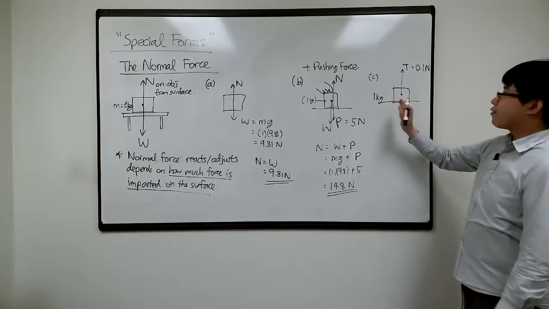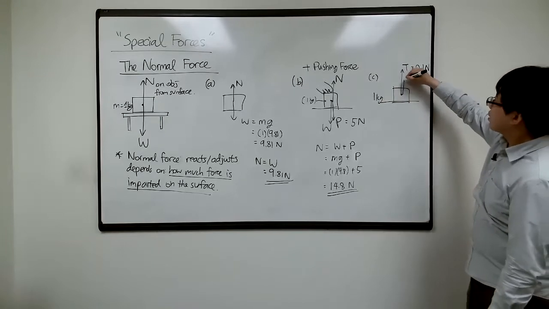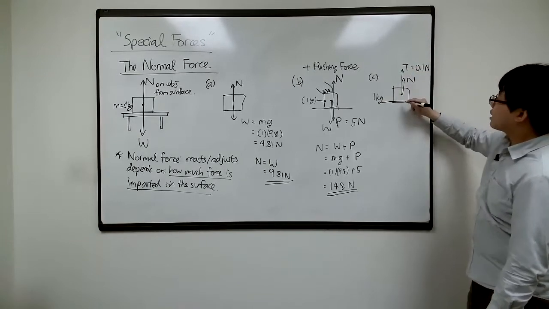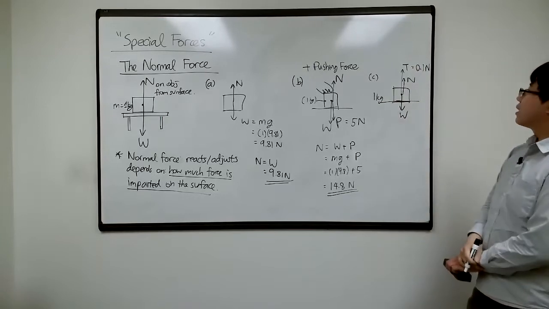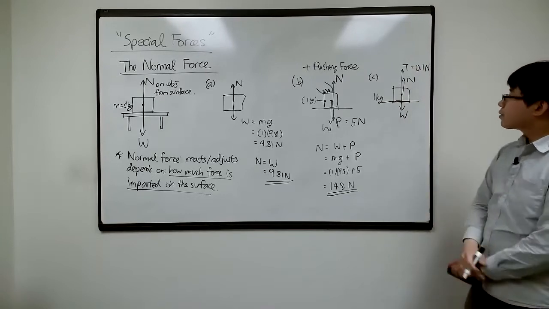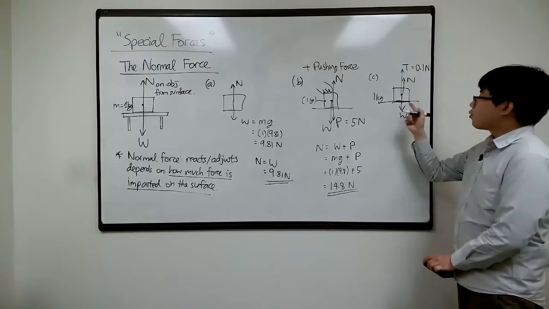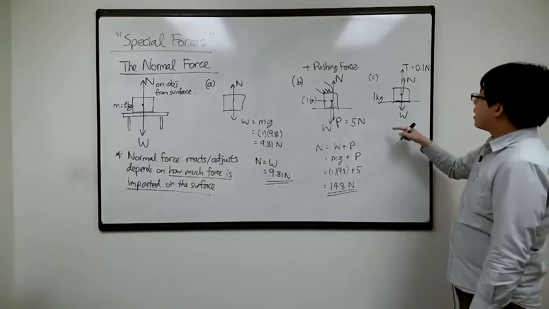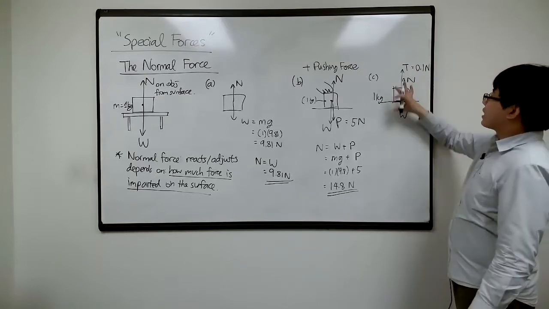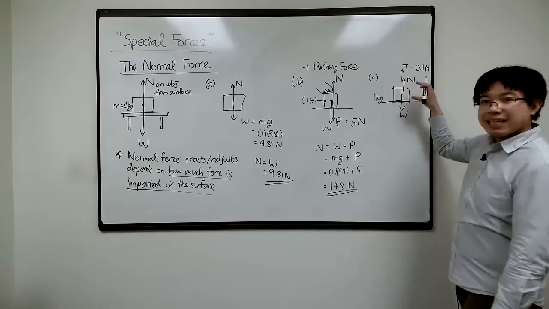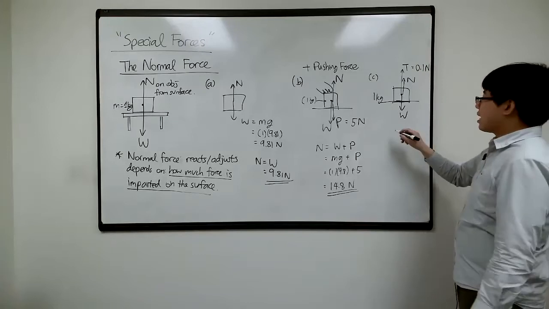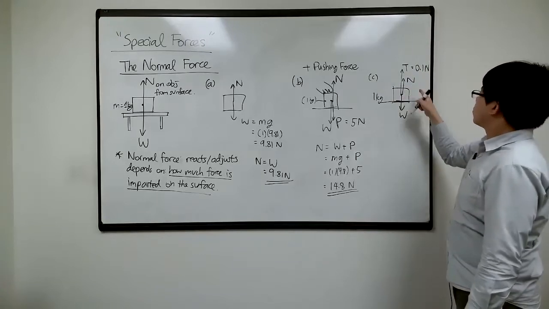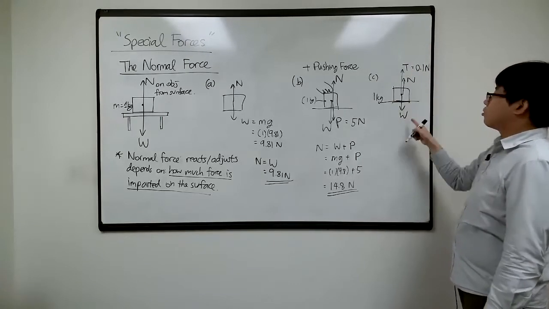So what's my free body diagram in this case? Well, I still have the contact force from the surface, and I still have its weight like this. So what's the normal force in this case? Let's calculate N. But first of all, what's my balancing equation? If everything is static, if the box is not going anywhere, if it's not accelerating upwards or downwards, then the magnitudes of these two must add up to this.